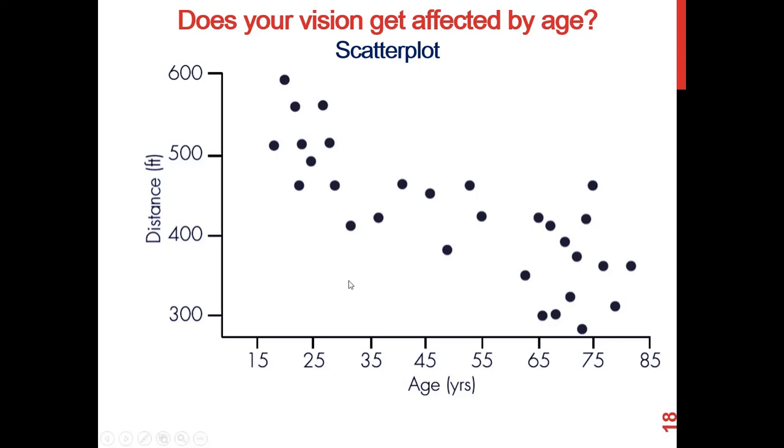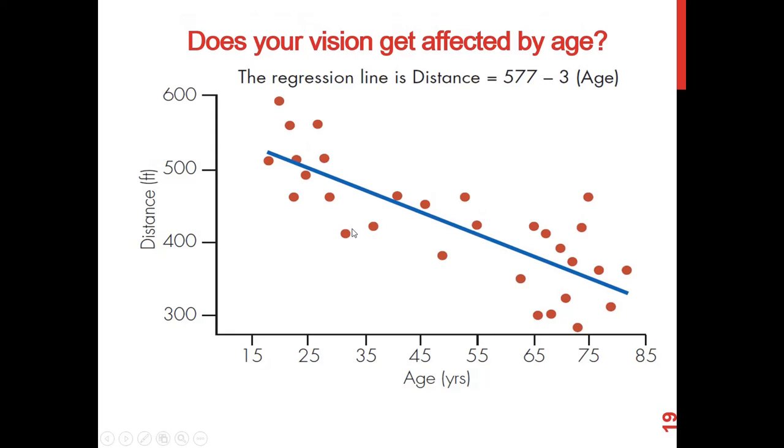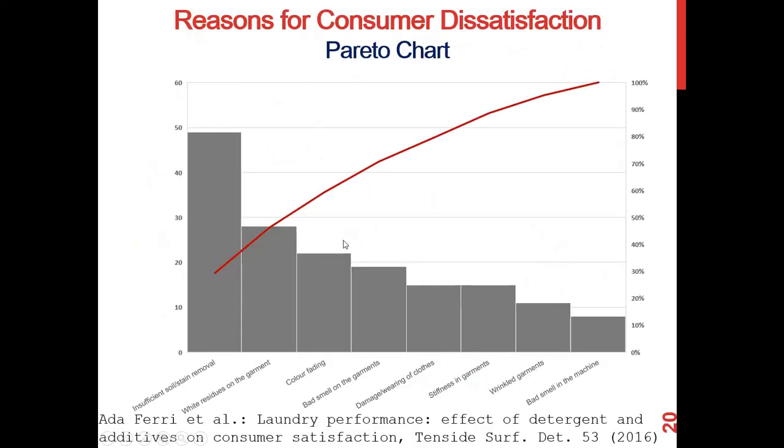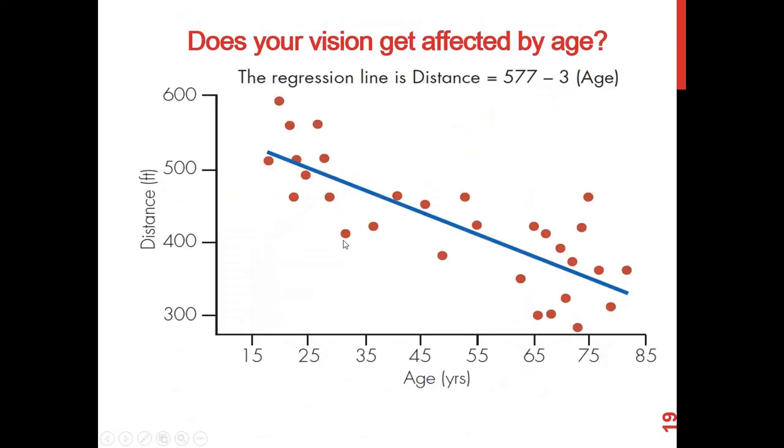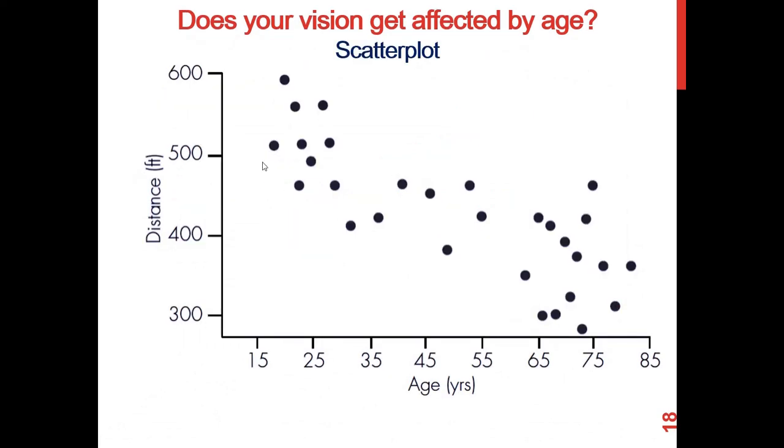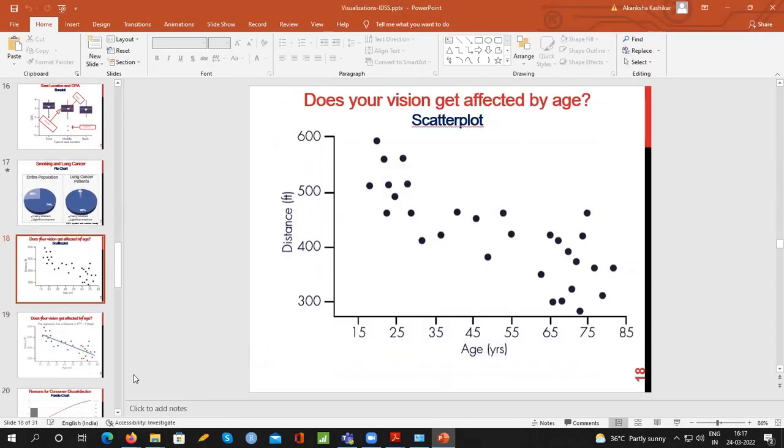Okay, and every point here is a representation of two values. On the X axis I have age. So if I focus on this point, then the age of that person is around 33, 34, something like that.